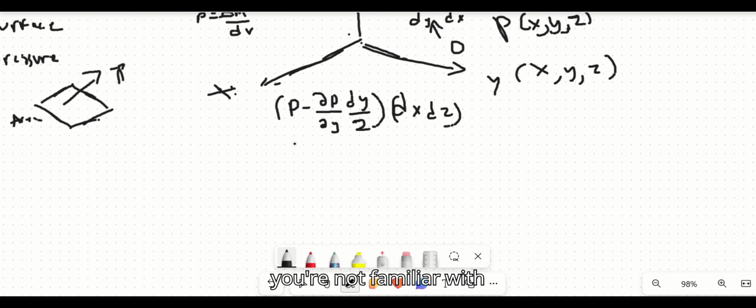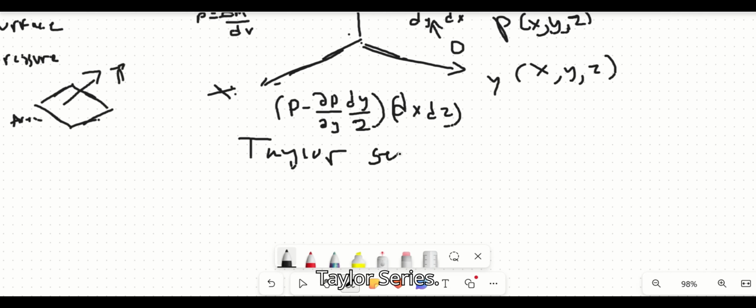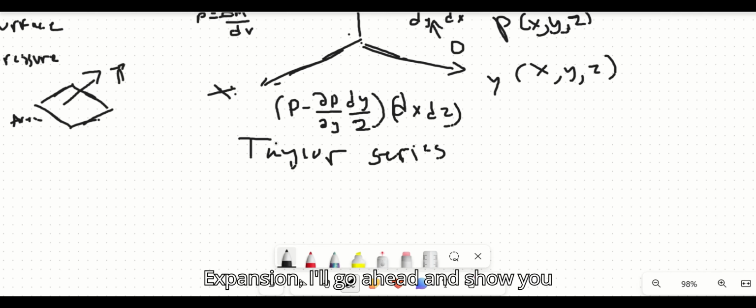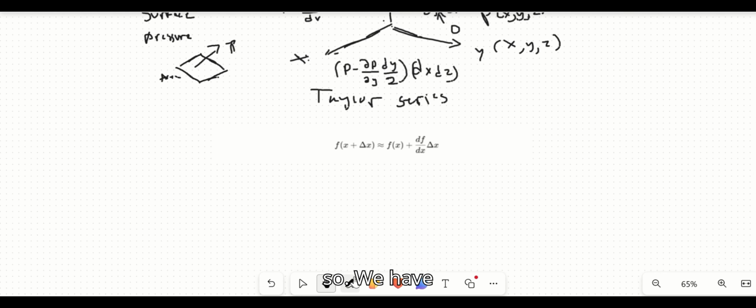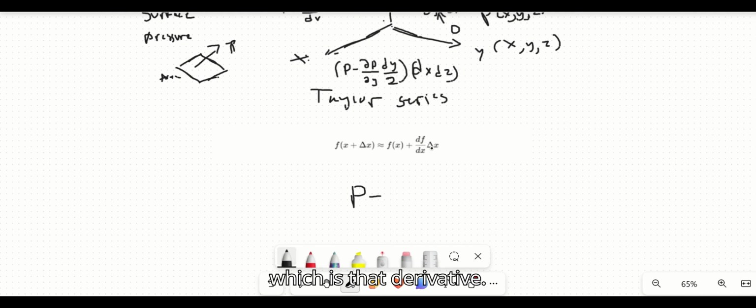Let me elaborate more on this. If you're not familiar with the Taylor series expansion, I'll go ahead and show you what that looks like. Basically, we have the function f of x plus the derivative df over dx multiplied by that change. So we have our function, which is p, minus df over dx, which is that derivative.